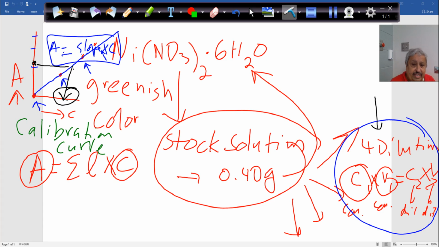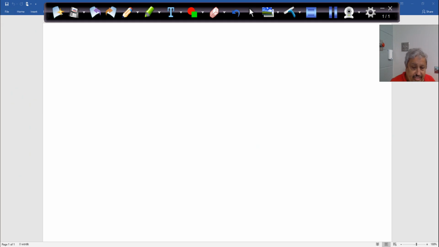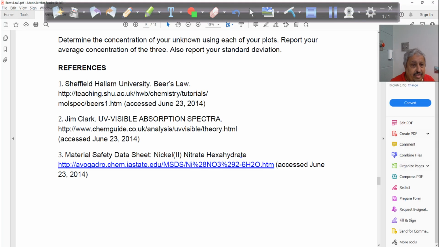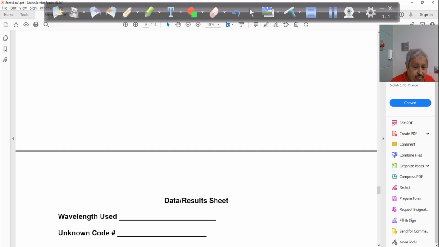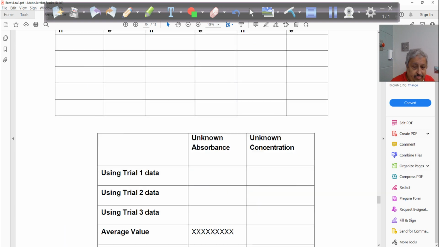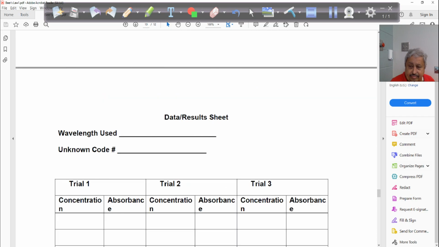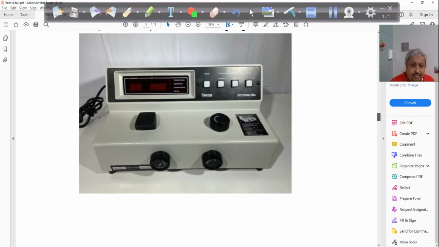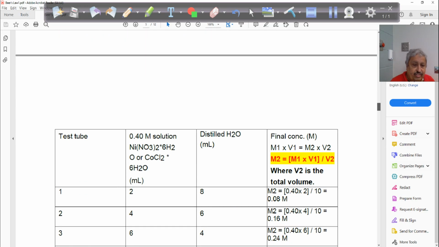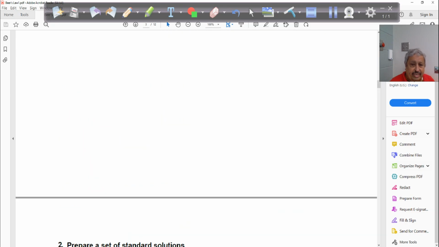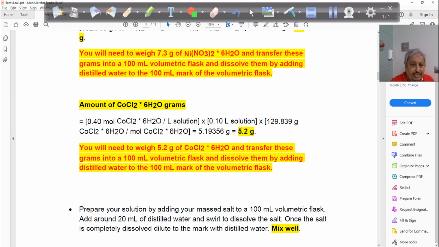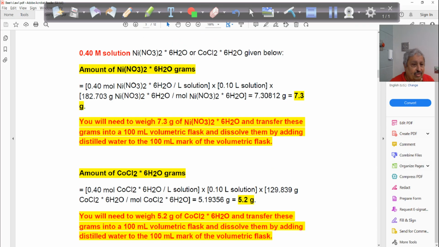So, let's take this one out and look at the procedure, guys. First of all, you need to calculate your 0.4 grams. Here it is. The calculation is done for you here.